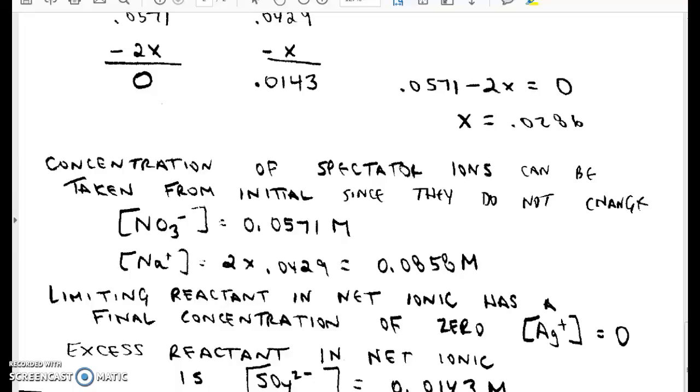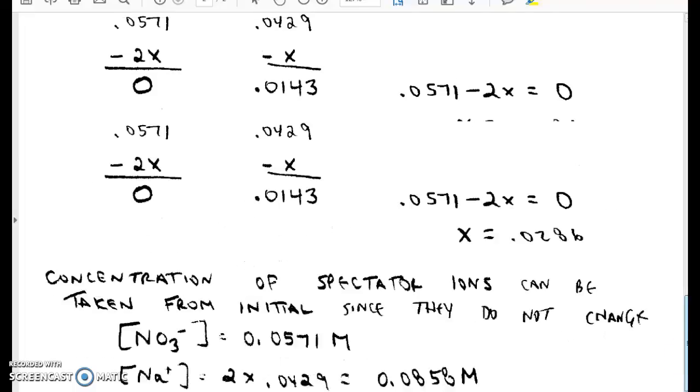The limiting reactant of the net ionic equation will have a final concentration of 0. So whichever ion is now 100% in the precipitate and has limited the amount of precipitate that has formed will have a final concentration of 0.